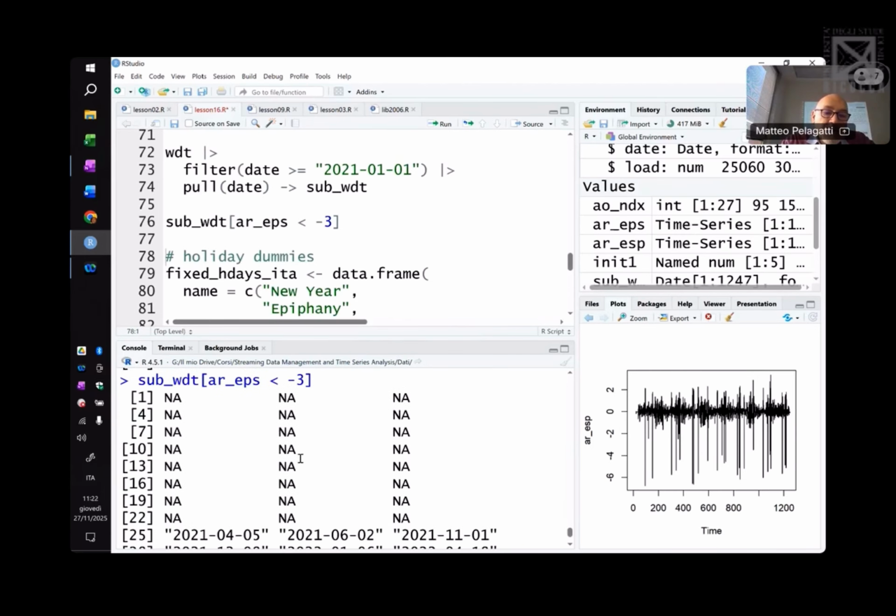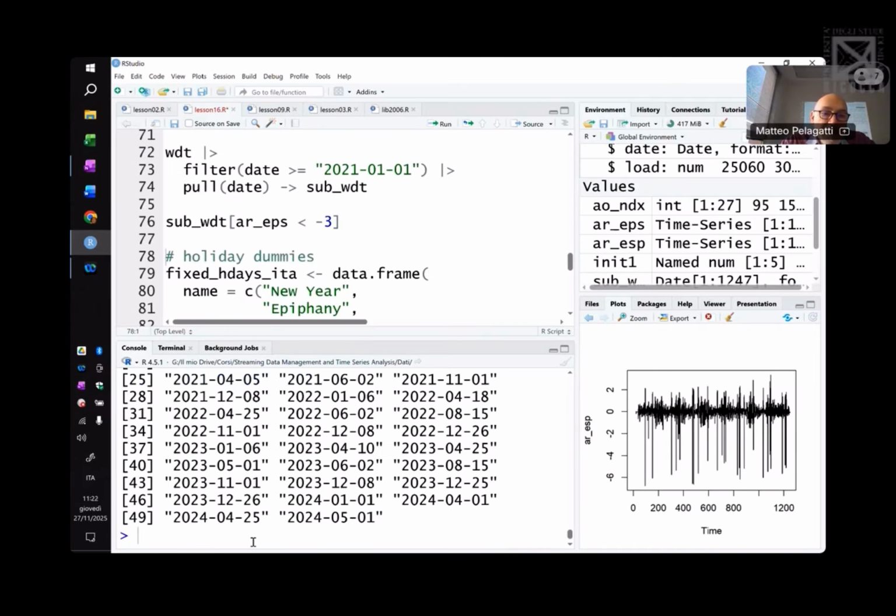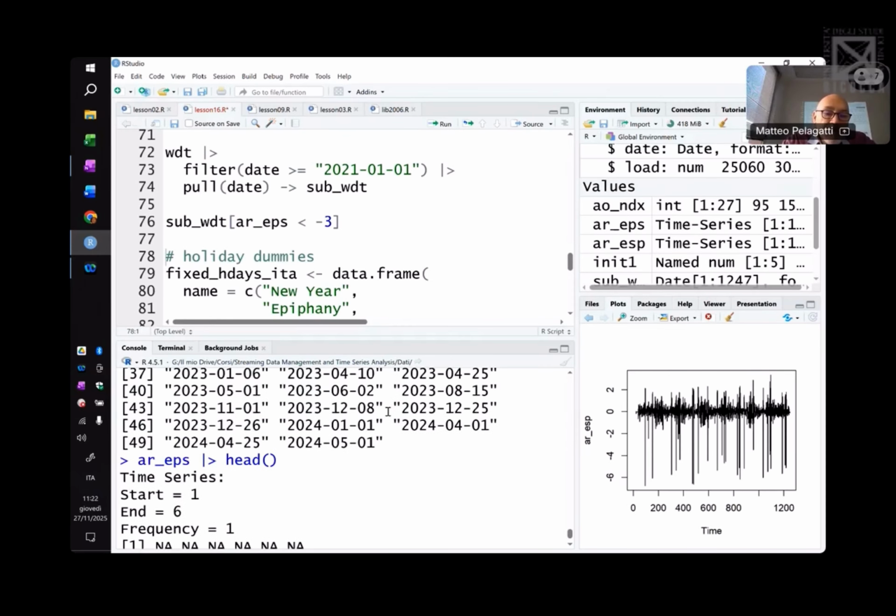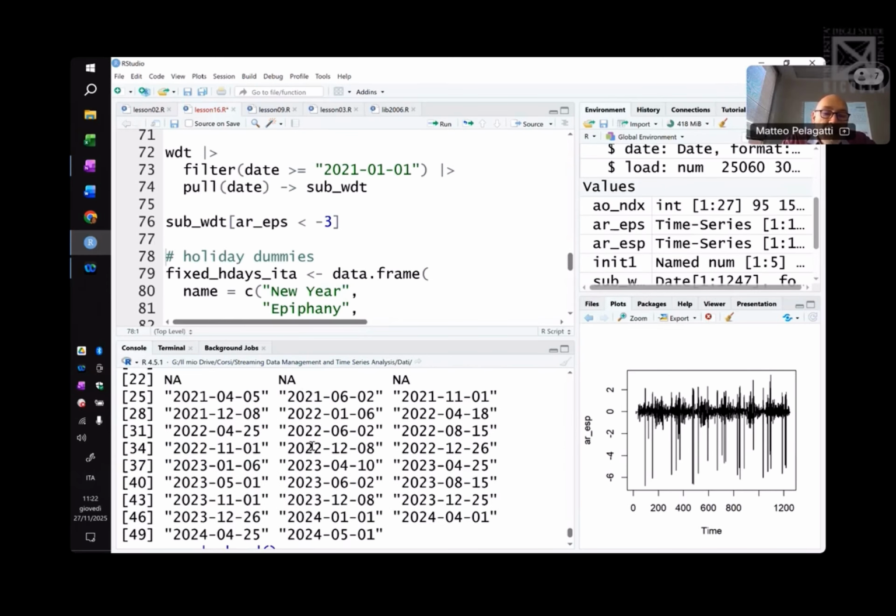This is probably because, as I told you, while starting, the initial values of this auxiliary residual are just missing because of the infinite variance at the beginning. Yeah, that's exactly what is happening. So let's just skip those.